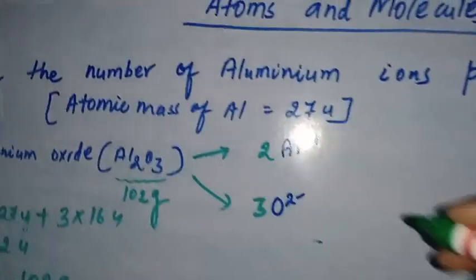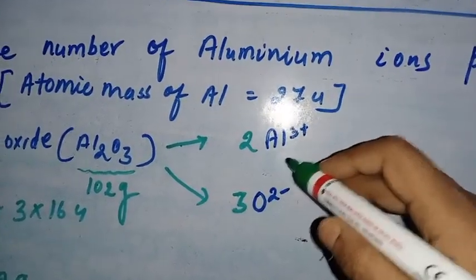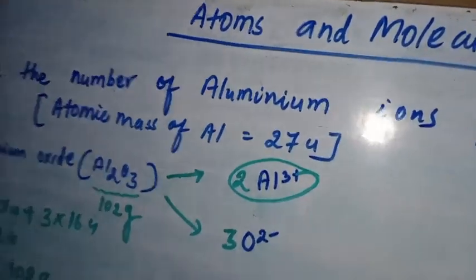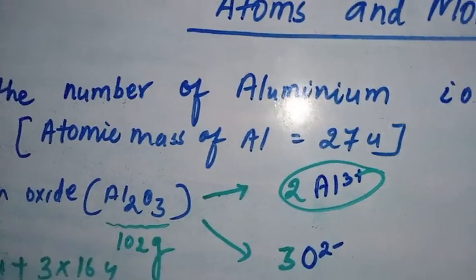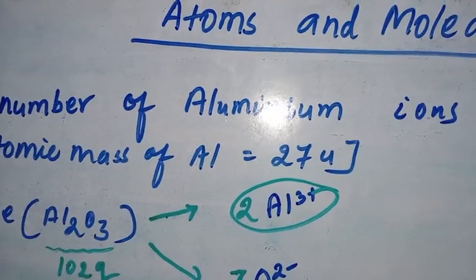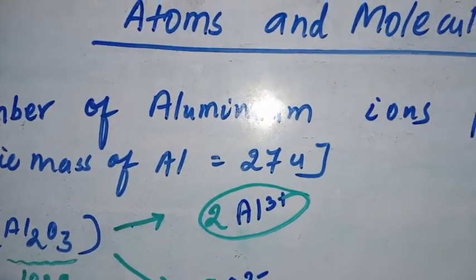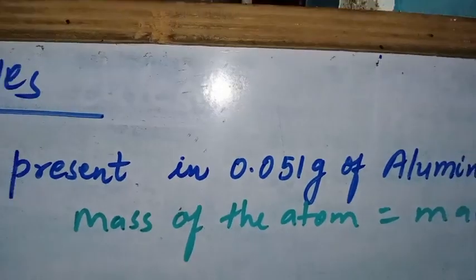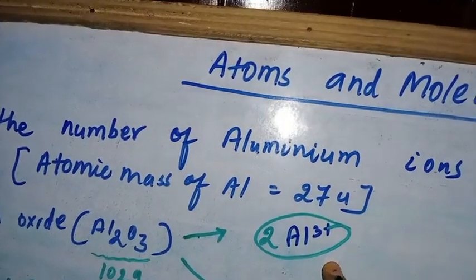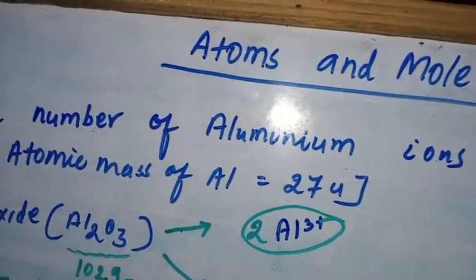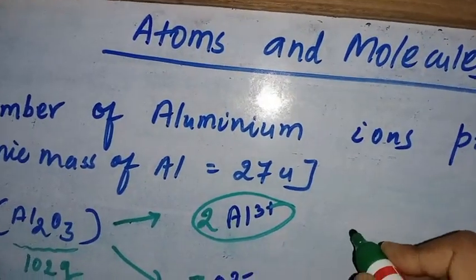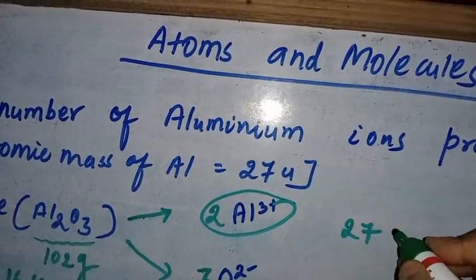contains 2 aluminium ions. As I have told you, the mass of an atom is equal to the mass of its ion. So the molar mass of aluminium will be equivalent to the mass of the aluminium ion. The molar mass of aluminium is equal to 27 gram.